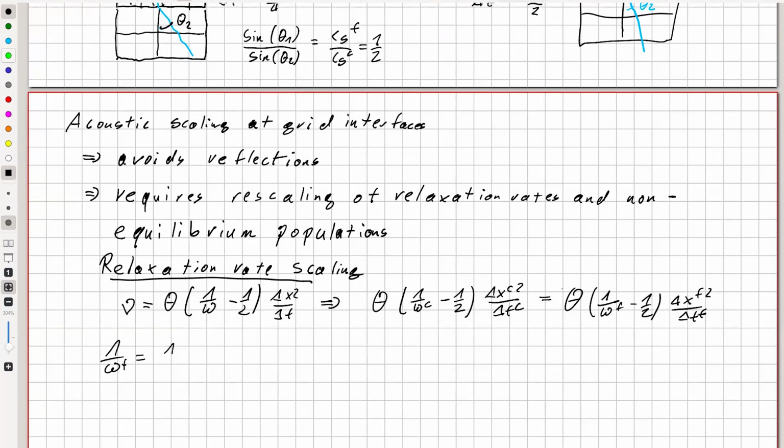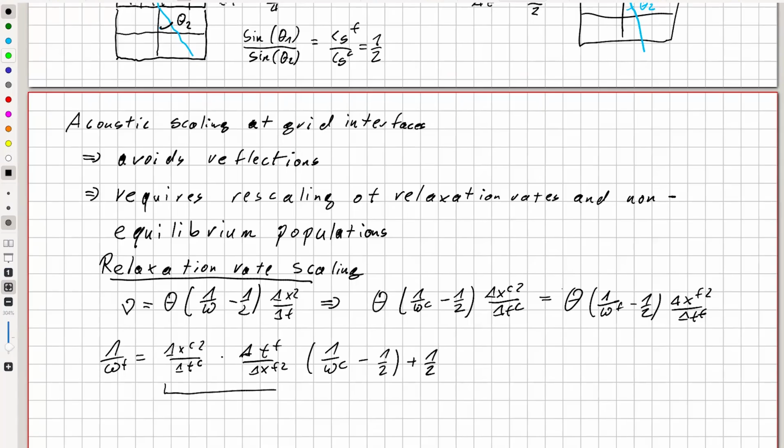And this turns out to be delta x coarse squared divided by delta t coarse times delta t fine divided by delta x fine squared. So all of this times 1 over omega coarse minus 1/2 and then plus 1/2.